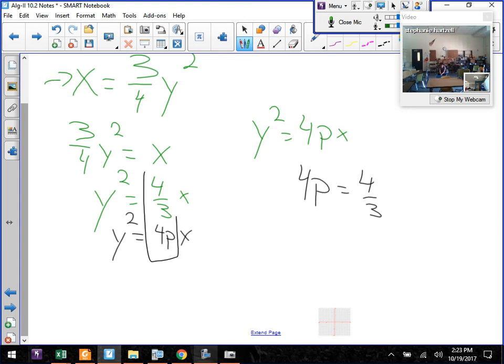I am solving for p. The x value is always there. The x value is just telling me that since it's a singular x, it's a y squared parabola going to move left or right. What we're doing here is figuring out what times 4 equals 4/3.